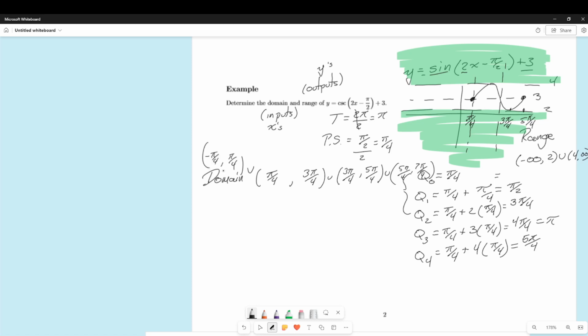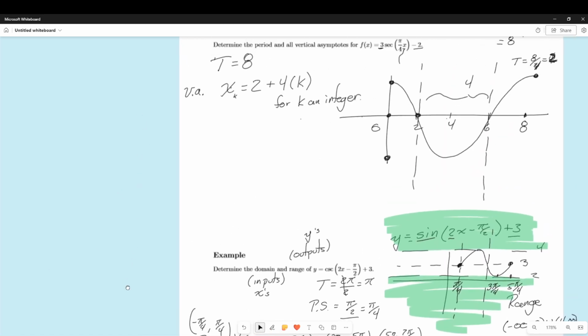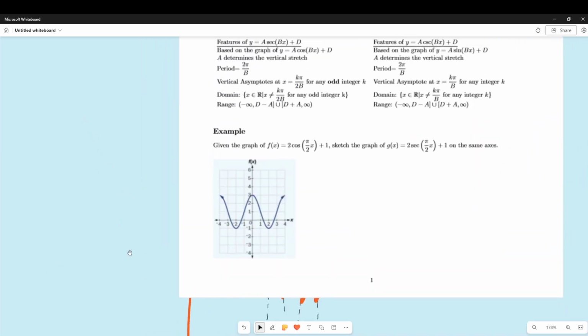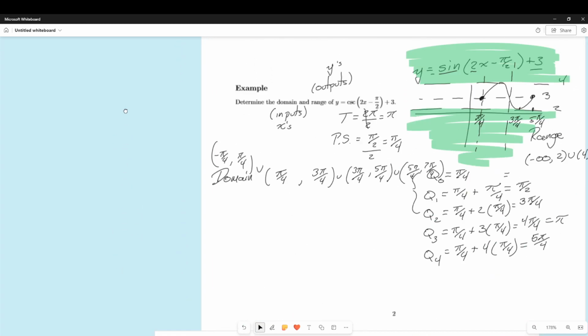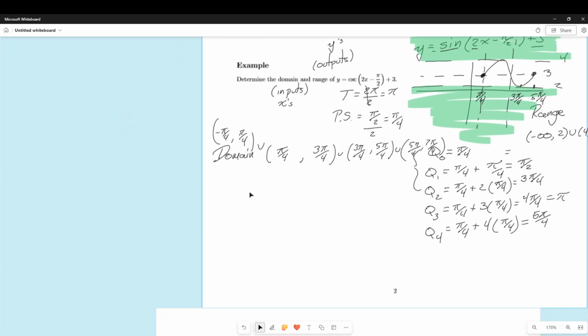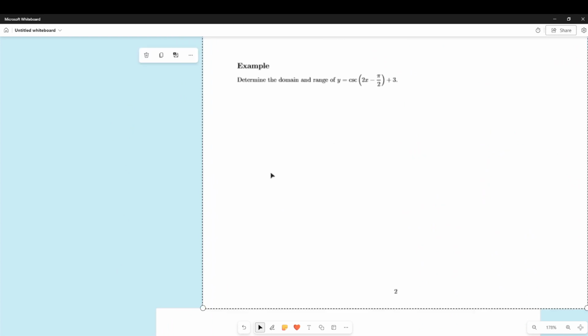But it would be nice to have a handy way to write that, and your text suggests that when it talks about writing your domains here: all real numbers except where those asymptotes are.